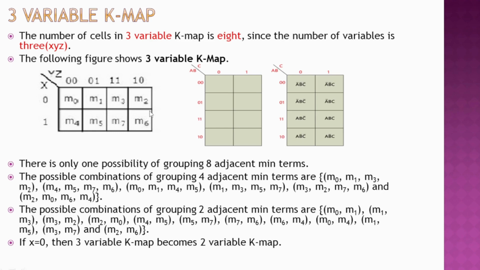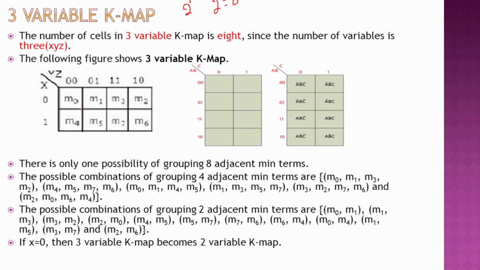Next one is the three variable K map. So this is the three variable K map. If you represent 2 to the power n, in n you need to mention the number of variables, that is 3. Finally you will get the number of cells, that is 8.